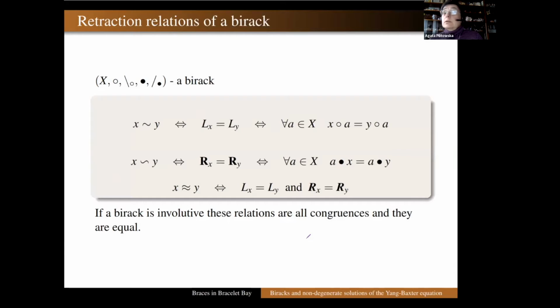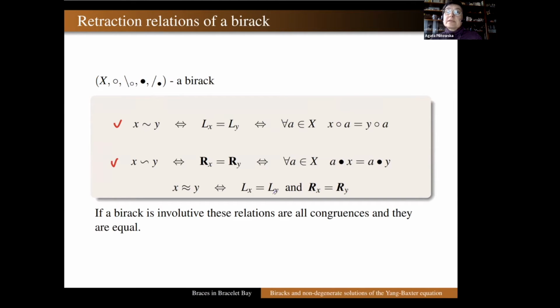But of course, for an arbitrary Birack, we can define a dual version of the left retraction, which was defined by left translations, and we can define the right retraction relation defined by right translations. And we can also define a third relation, which is the intersection of the left and right versions.